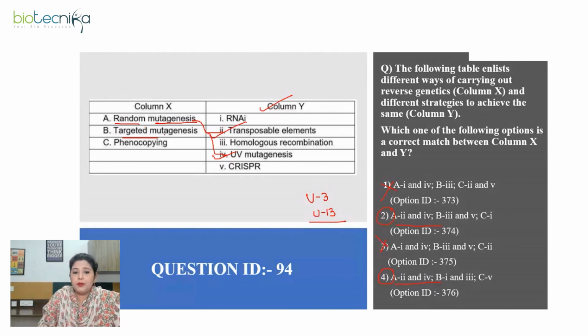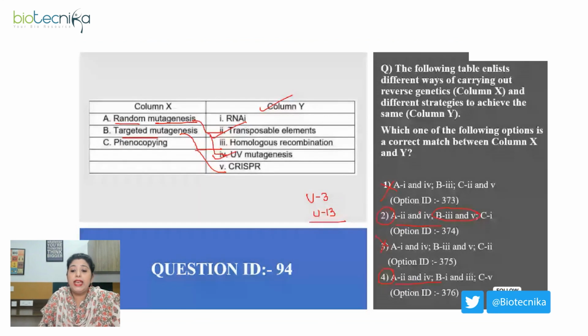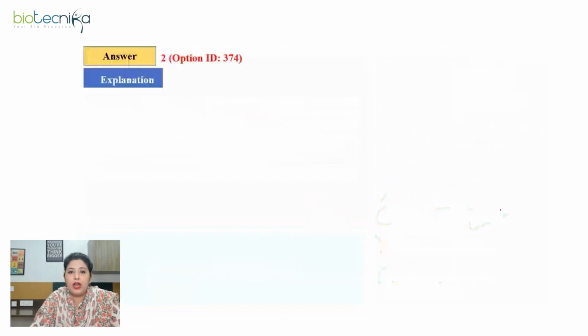So B should be 3 and 5. If you compare options 2 and 4, this combination is given in option 2 only, and therefore this is the correct answer. And phenocopying we can now easily make out, that is RNA interference.